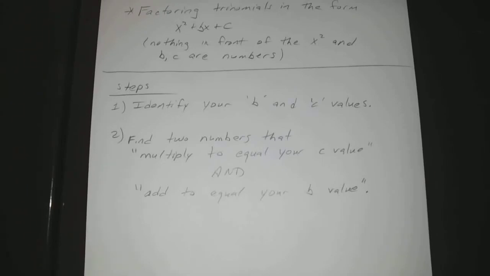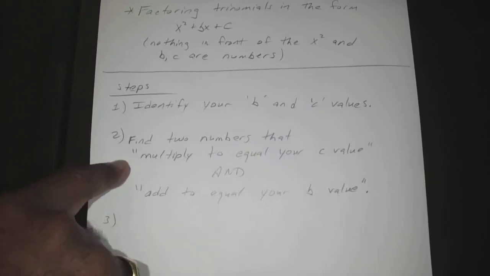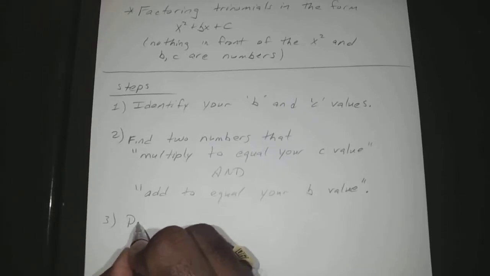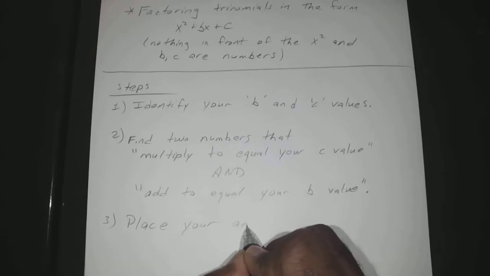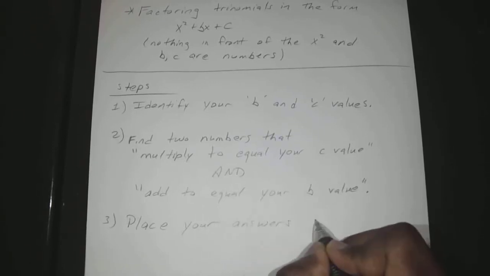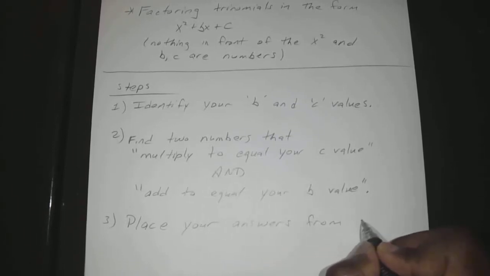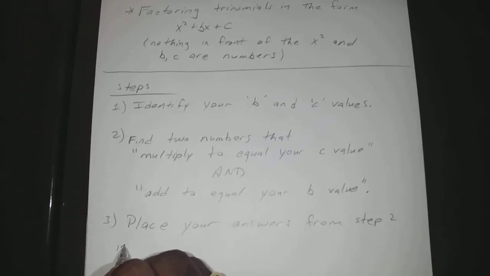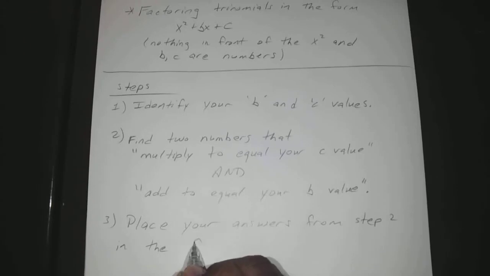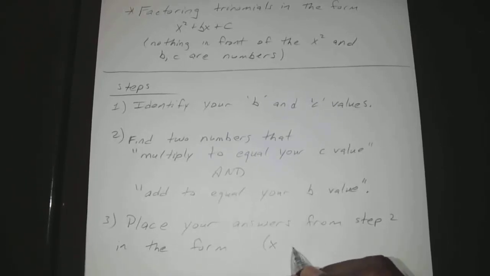The third thing you're going to do is place the answers from step 2 as a factor. So place your answers from step 2 in the form x plus or minus, depending on if it's positive or negative.